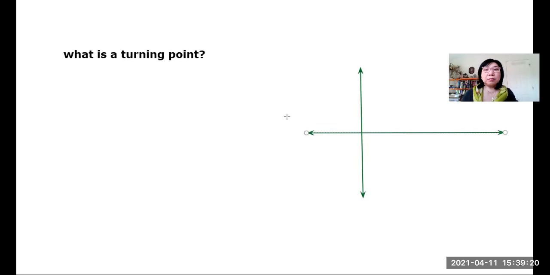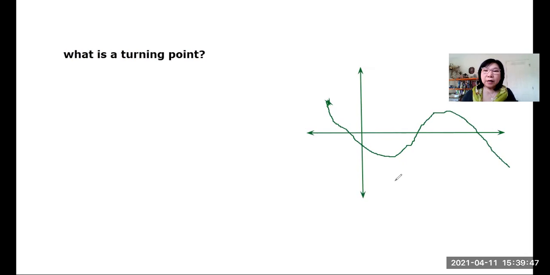I try to make it pretty as much as I can, but maybe not. Okay, so this is the polynomial function.